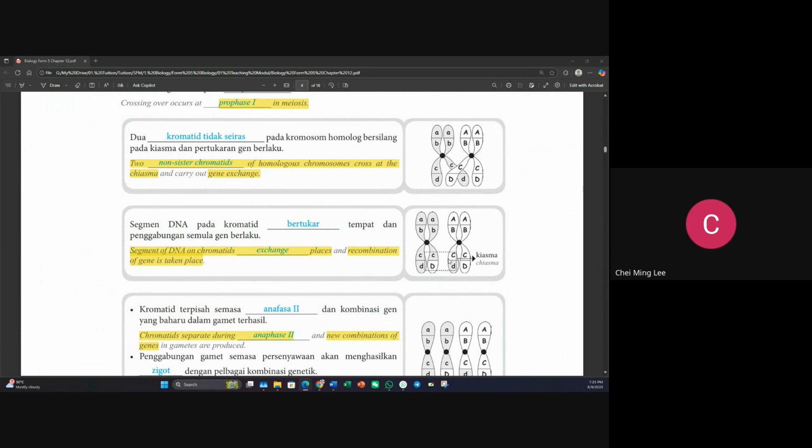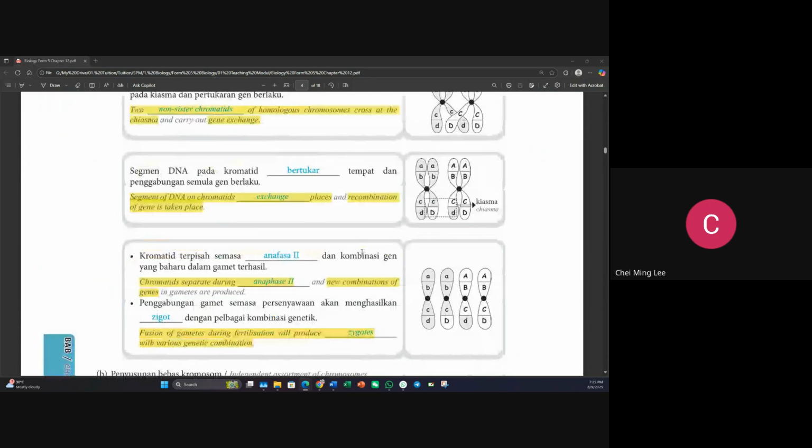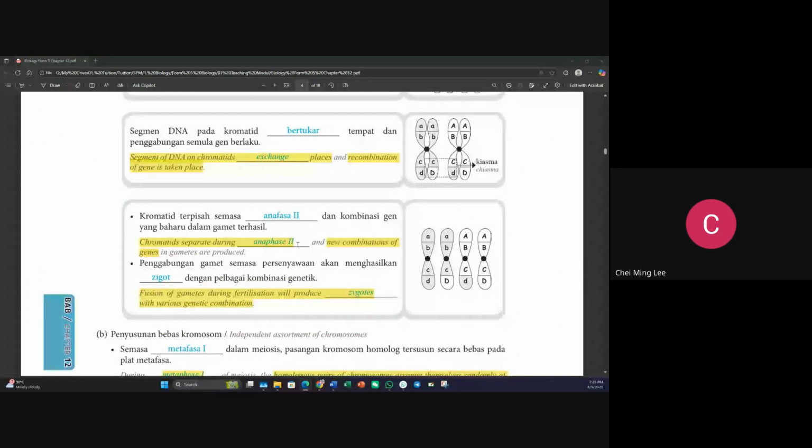So this chiasma will interchange. You see these two, they will change, this D goes here. The small d now goes here. The segment of DNA on the chromatid will exchange place and recombination of genes takes place because they already changed it. So the combination has changed. So the chromatids separate during anaphase 2 and the new combinations of genes are produced. So the fusion of gametes during fertilization will produce a new zygote with various genetic combinations.